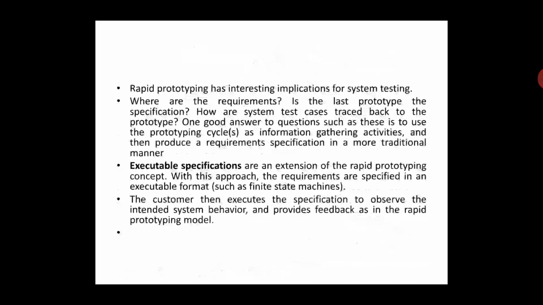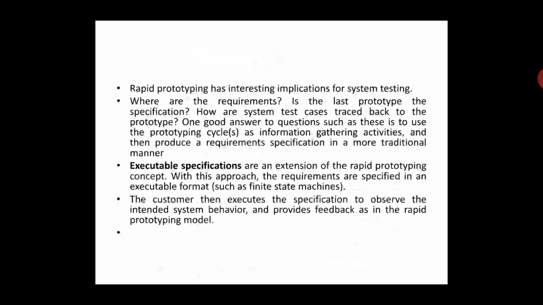And whether it is considered a specification or not, how do our system test cases trace back to the prototype, how do we conduct the test cases regarding that? One good answer to questions such as this is to use the prototyping cycles as information gathering activities.